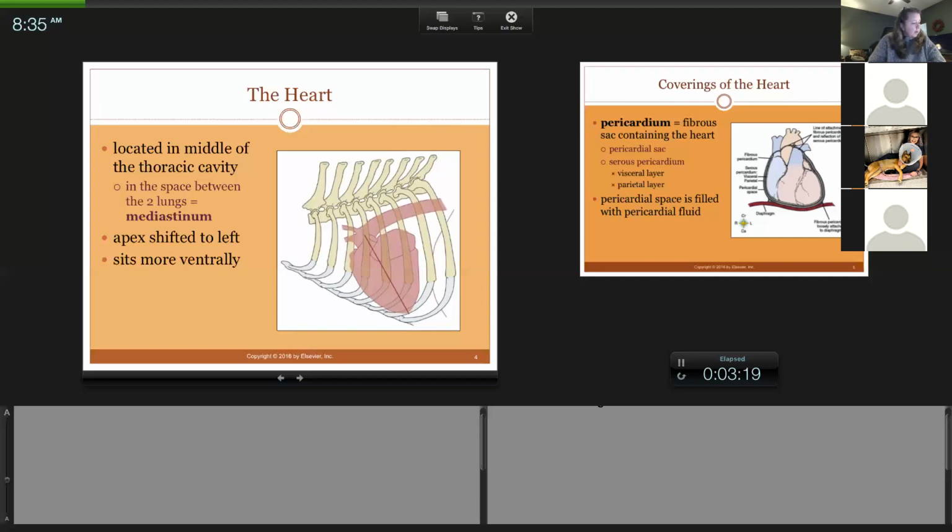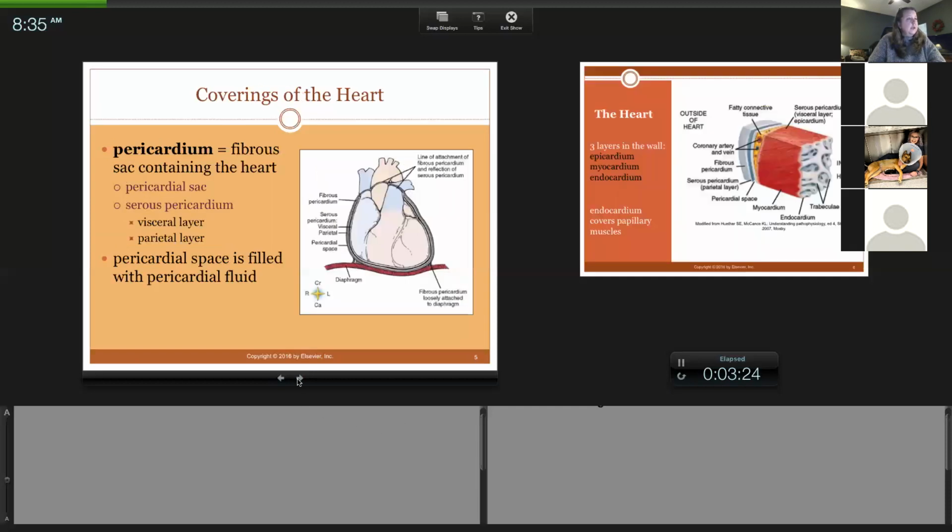So the next questions, 3, 4, and 5, are pertaining to the linings of the heart. Now, the pericardium, remember, is the sac that surrounds the heart. If we talk about the layers of the heart itself, technically the pericardium is around that. The pericardium isn't a layer of the heart itself. It's a sac that surrounds the heart.